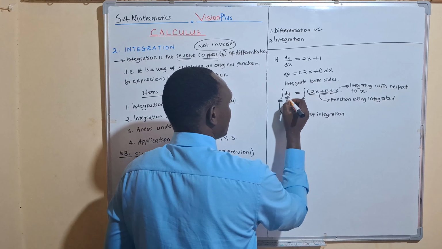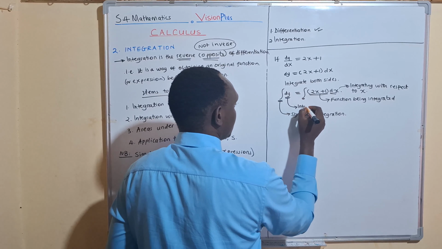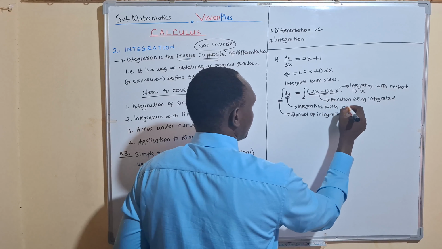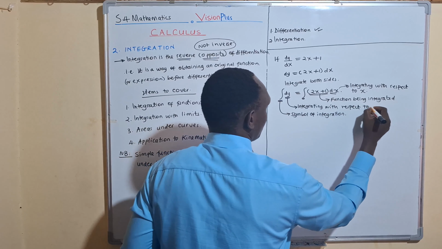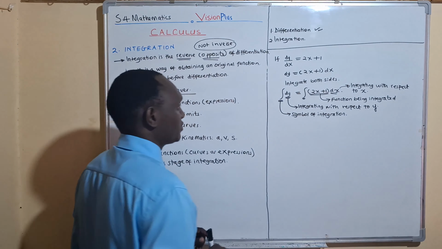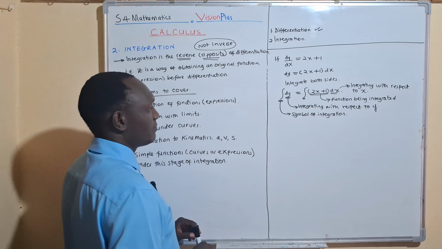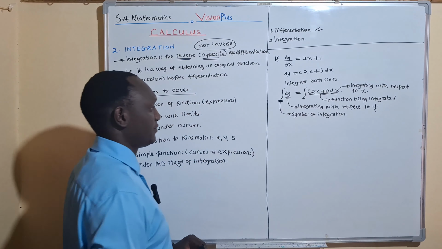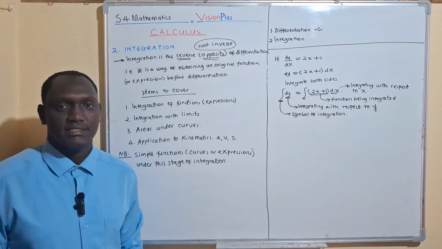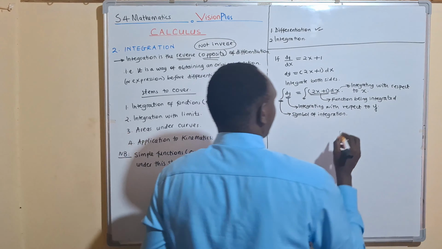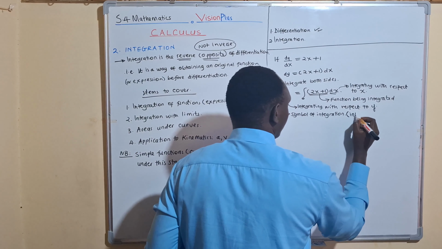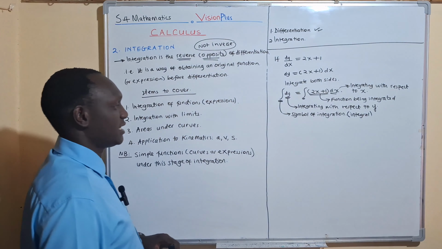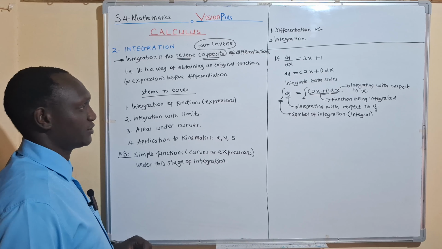This side means that we are integrating with respect to y, which is the function in this case. So the moment they tell you to integrate, you must know this is the symbol of integration. Wherever you see it, it means that is the symbol of integration. We are calling that symbol of integration integral. You can just say integral of a function, or you can say integrating a given function.